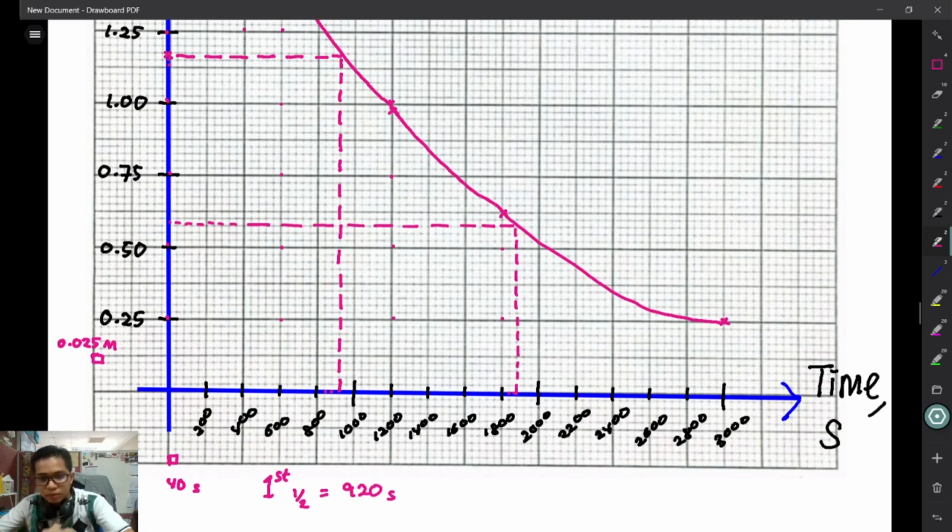1880 kan. So kat sini kita dapat 1880 tolak dengan 920. 1880 tolak 920, 960. So kat sini saya dapat lebih kurang 960.